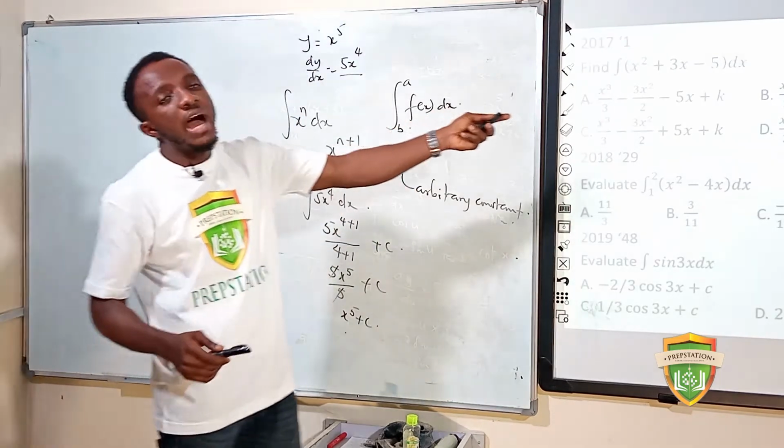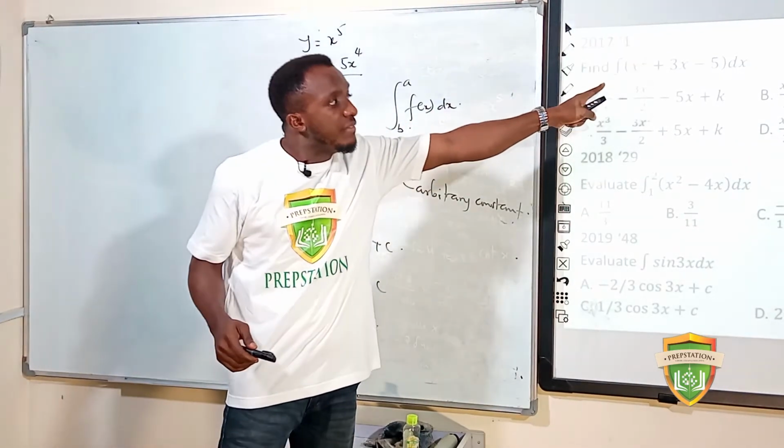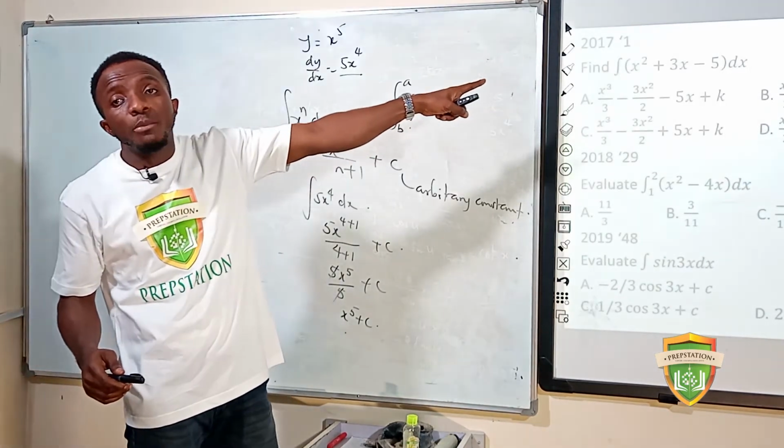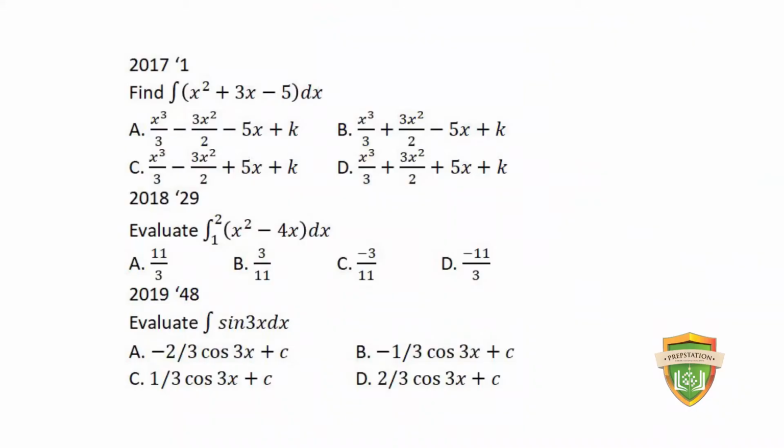Just like you did for differentiation, if you have a polynomial function, like this first question taken from 2017, number 1, there's a polynomial function we're told to integrate. You are going to integrate each part or each component of the polynomial function, the same way you differentiated that. If this was differentiation, we'd differentiate each part. That is, we'd differentiate x squared, differentiate 3x, differentiate minus 5.